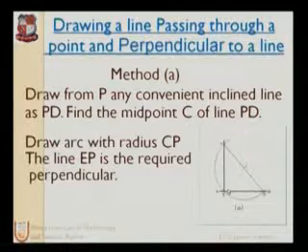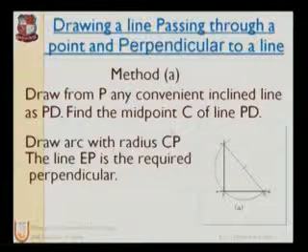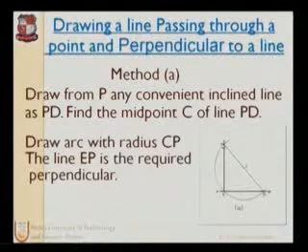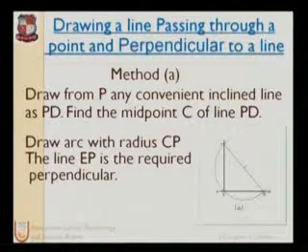So PE is the perpendicular line which is required and which is passing through P. So in method A, we got PE as a perpendicular line.